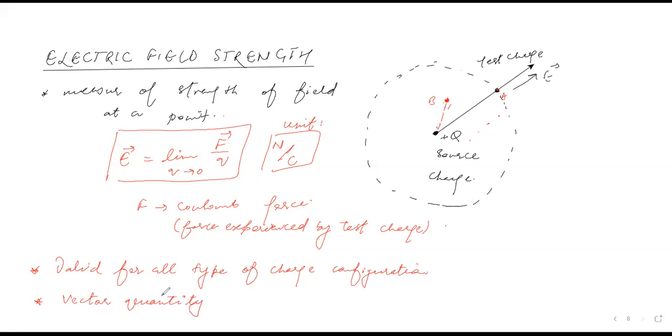Are you clear or not? Are you understanding or not? Yes, sir. The other main point is that if it is a vector quantity, then what will be the direction of the electric field strength?